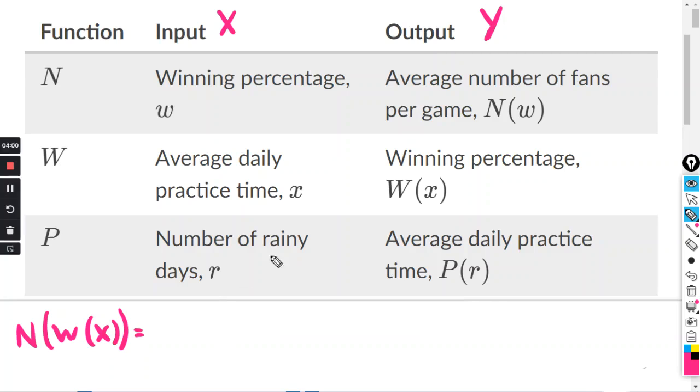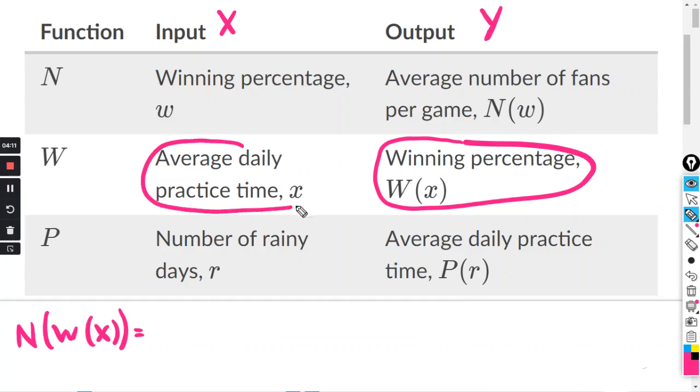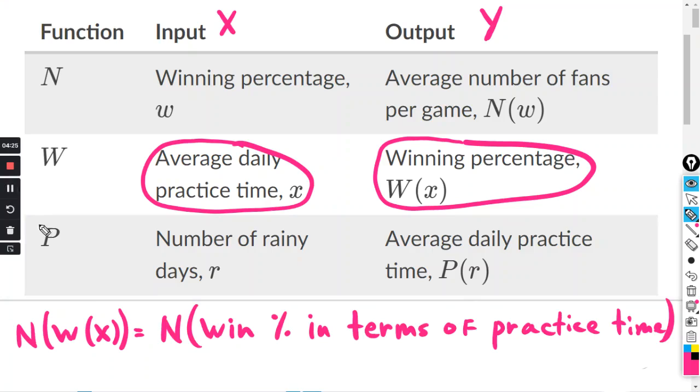W of X, it says right here, that is the winning percentage, okay? And the X is the average daily practice time. So W of X is the winning percentage in terms of practice time. So I'm going to write that out. Okay, in place of W of X, I wrote win percentage in terms of practice time. But what does N represent? N, the output for N, is the average number of fans per game.